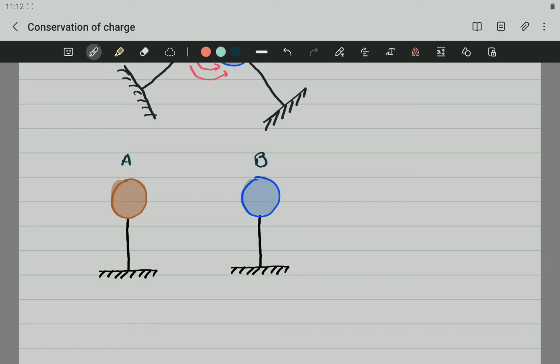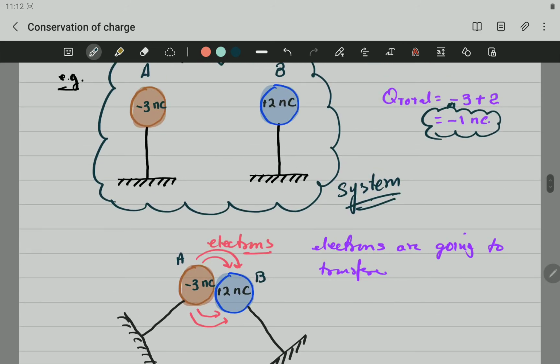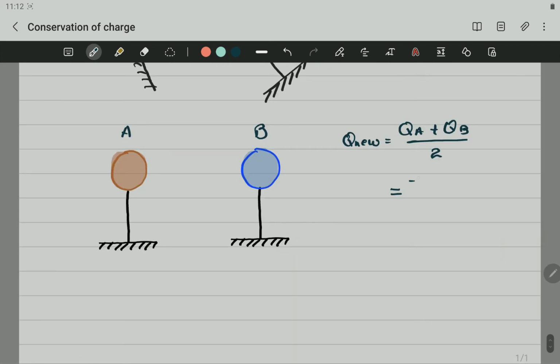How do we calculate the new charge? The new charge is going to be equal to the addition of the charges divided by 2, because there are two objects involved. So if we add the charges, that is minus 3 plus 2, divided by 2.